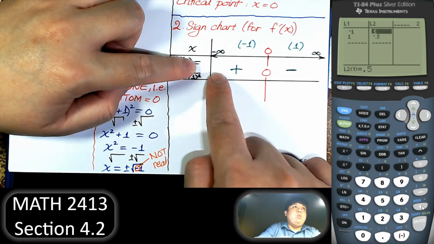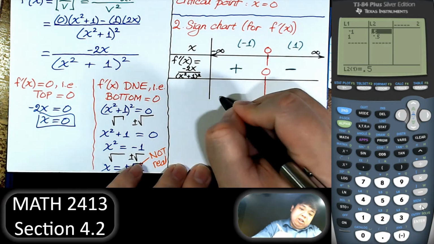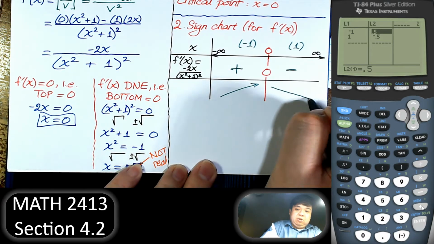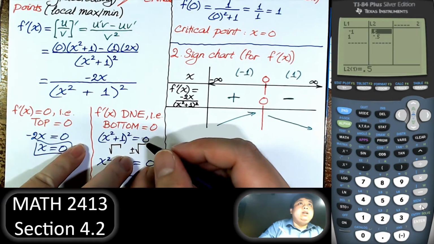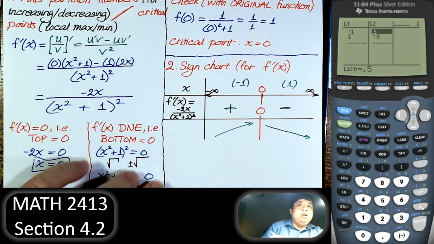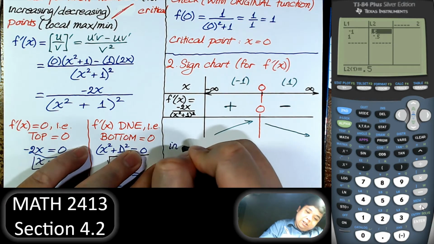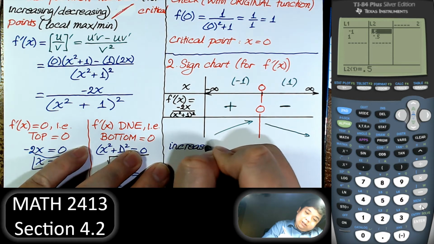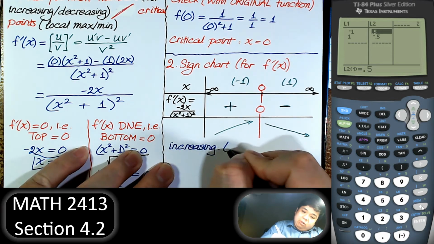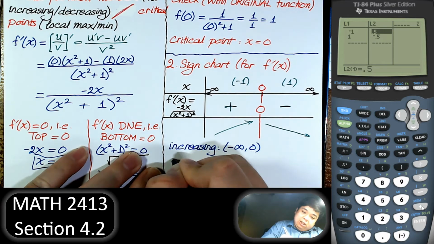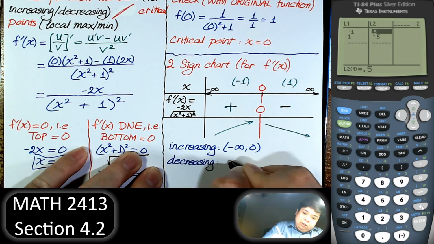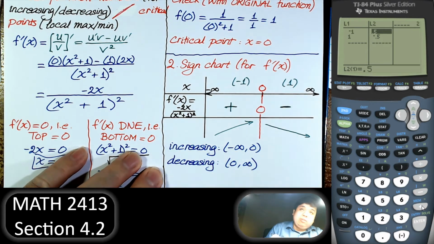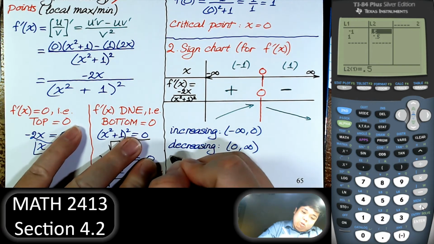So in this we have positive and negative. Positive is increasing, negative is decreasing. So in this case, the answer will be increasing from negative infinity to 0, decreasing from 0 to infinity. And is there a local max?